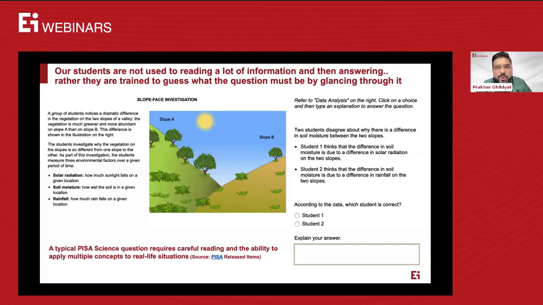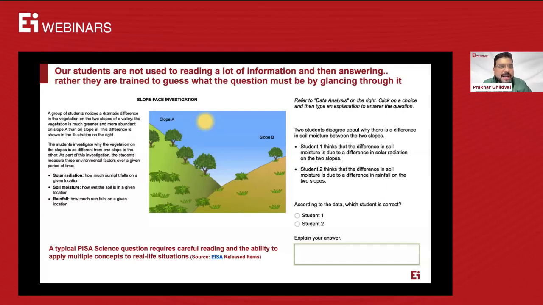By the way, if you are able to read this, and this is what people are expecting when it comes to things like PISA, it says there are slope A and slope B. And you see more vegetation on one side, less vegetation on the other side. And they're also talking about different factors which can influence this, right?